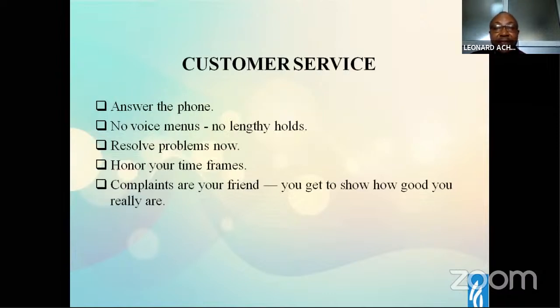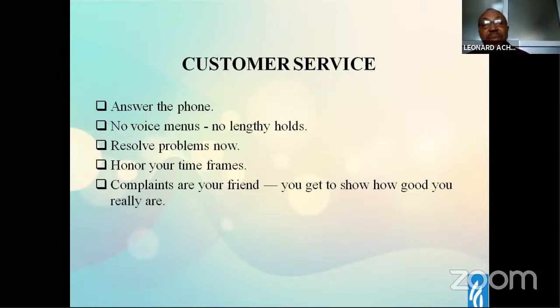Customer service. Remember, this is one of the marketing processes we talked about earlier on, how to handle customer service. As a matter of fact, customer service now is very key in most organizations because there are so many customer service relationship issues that have cropped up in recent times.